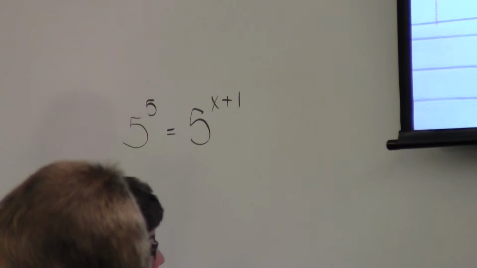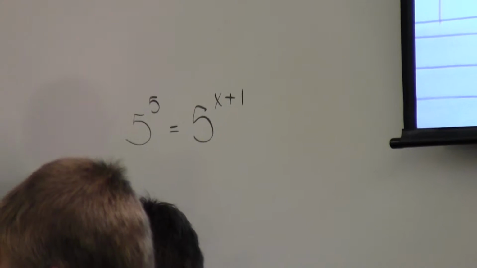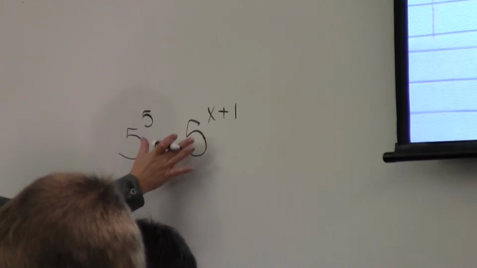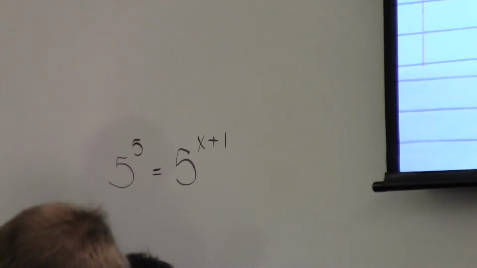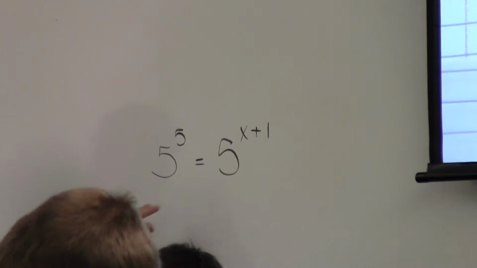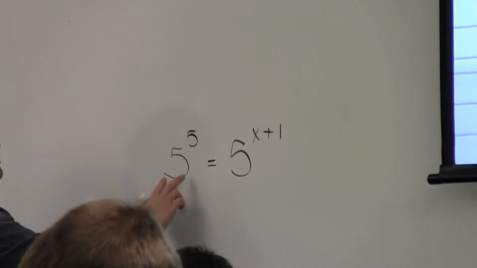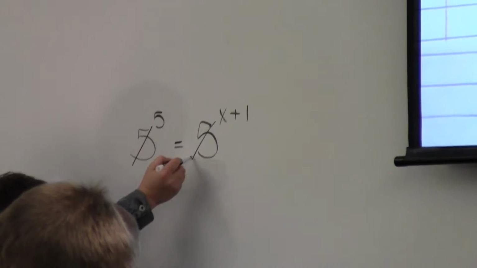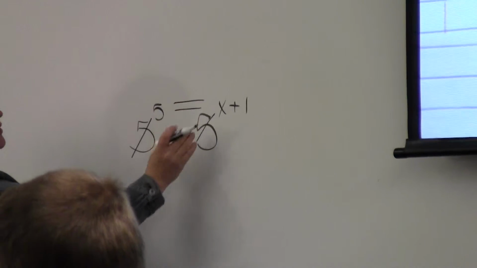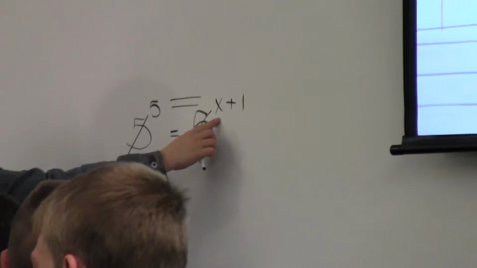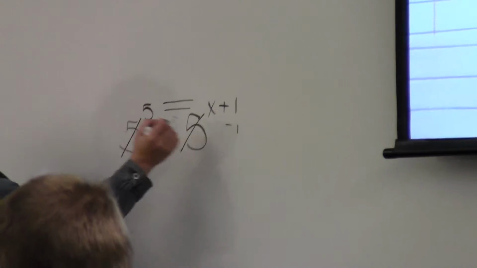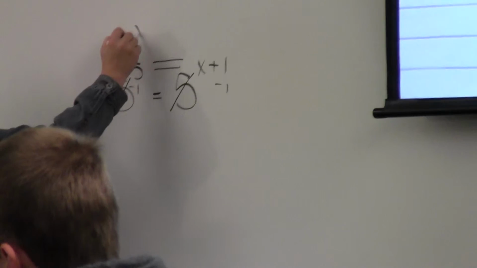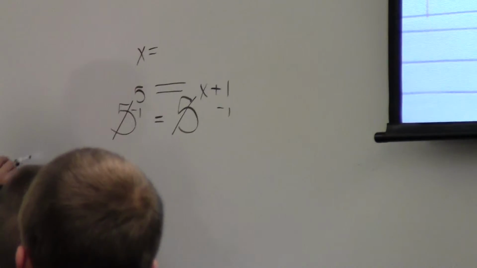If the bases are the same, like you have the 5's here, then the top exponents have to be the same if they're going to be equal like this. So anytime we have the same base, we can kind of just disregard that and say, well, the tops have to be the same too then. So 5 equals x plus 1. I could subtract 1 on each side, and I would get that x equals what? 4.